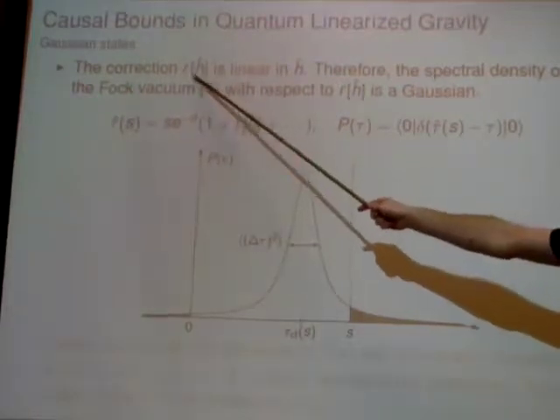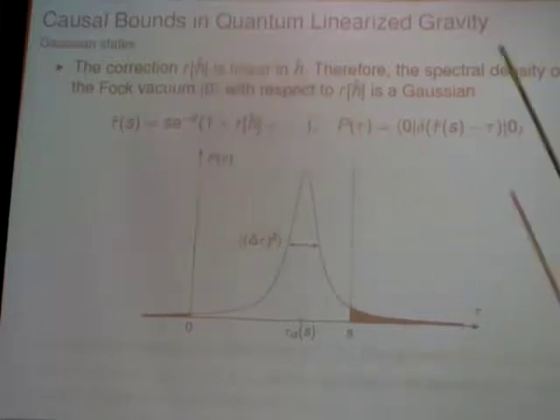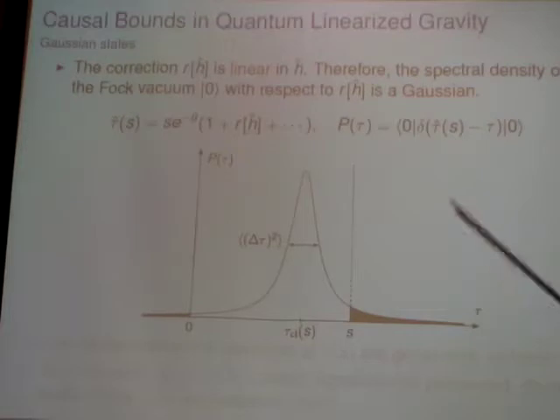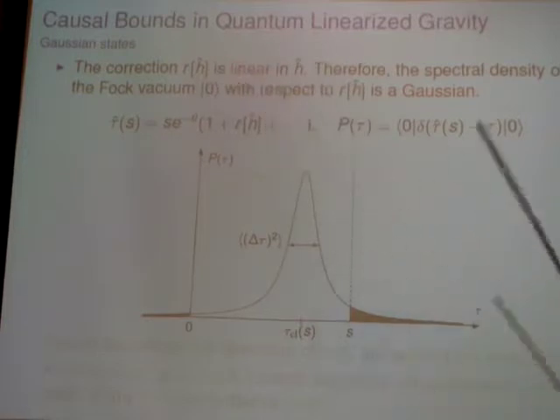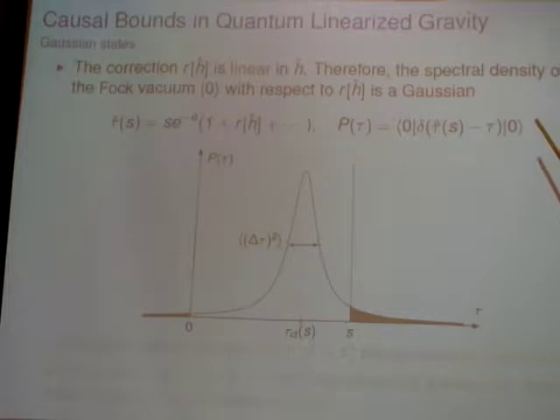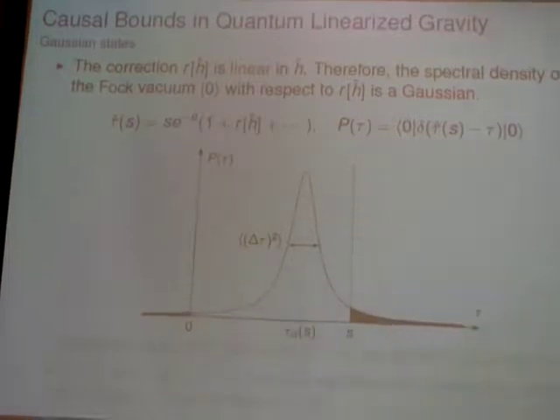The linearized correction to the emission time is linear in the field, the linear field being quantized. So if this is the observable whose spectral density I'm trying to compute in the Fock space vacuum, then I generically expect to have a Gaussian.